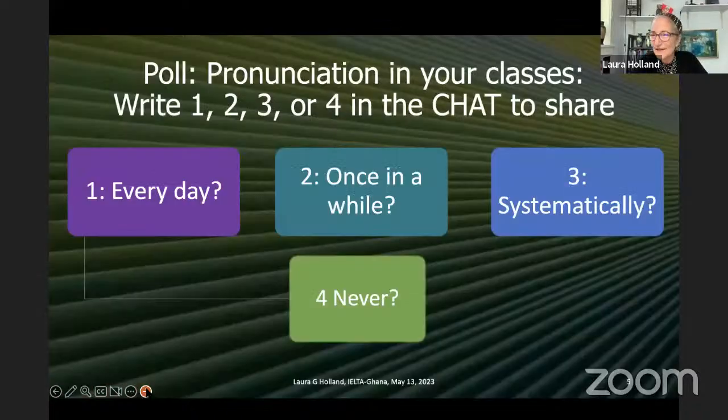So I'd like to take a very quick little poll here. Please use the chat for this. And please be honest, because I know that I work with teachers every week who say, I don't teach pronunciation because I just don't feel confident in it. And I didn't either. When I first started, I had a wonderful graduate education.